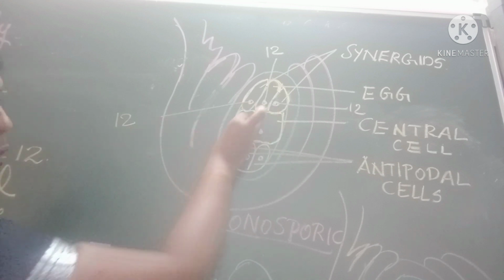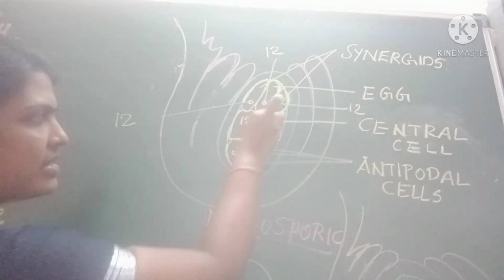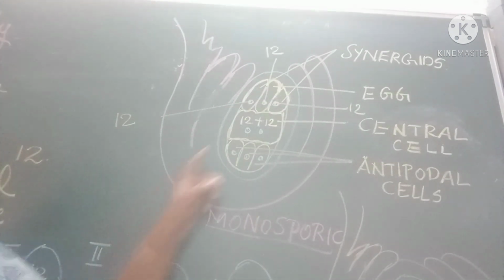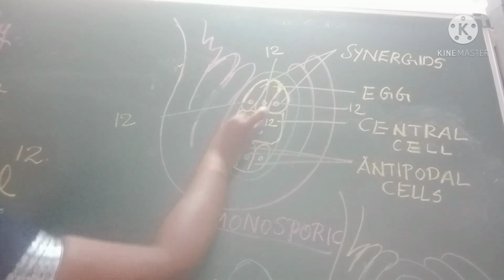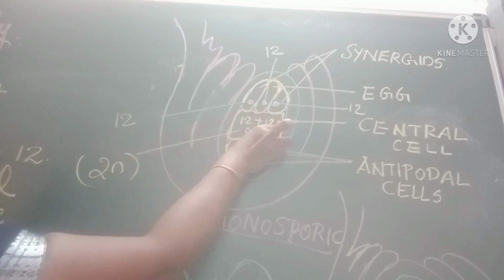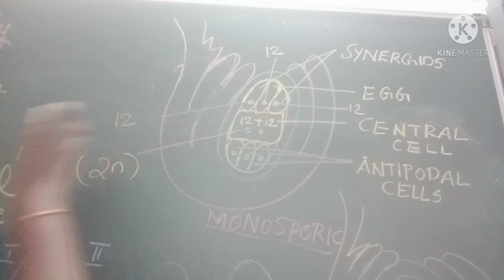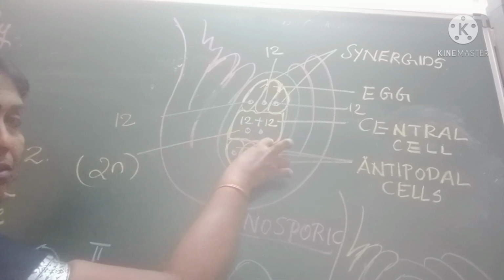And in the central portion we can see how many nuclei? 2 nuclei. Each nucleus consists of 12 chromosomes. So there we can see 12 plus 12. So here we can write the ploidy is 2n, because 12 plus 12 is 24. Actually our chromosome number was 24. So the central cell also has ploidy 2n, because it consists of 2 nuclei.